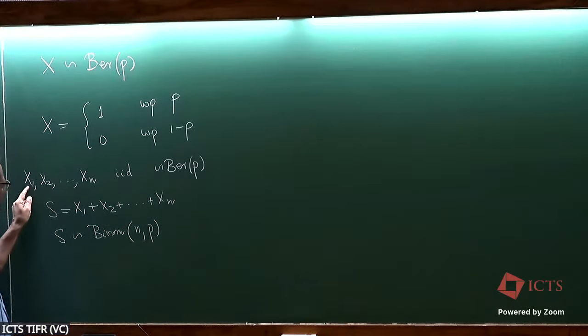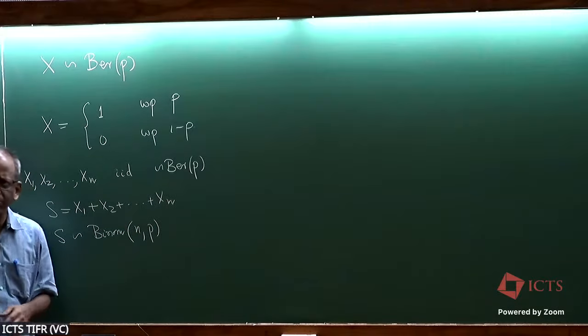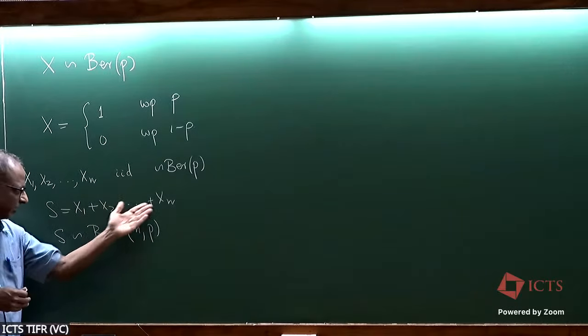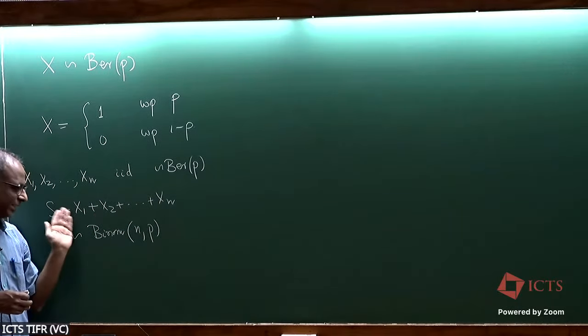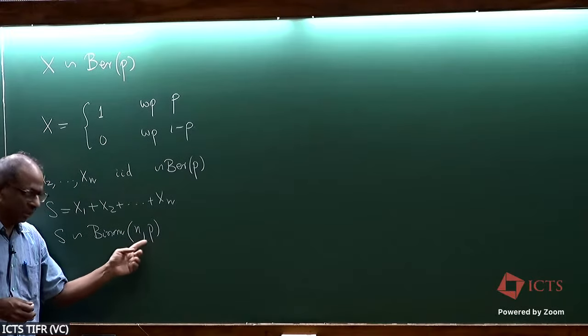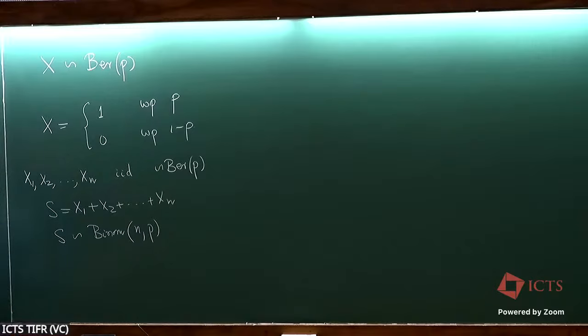That means each of them takes the value 1 with probability P and 0 with probability 1 minus P. And S is the sum of n Bernoulli coin tosses. So you all know that the distribution of S is a binomial distribution. N, P, these are the parameters of the binomial distribution.